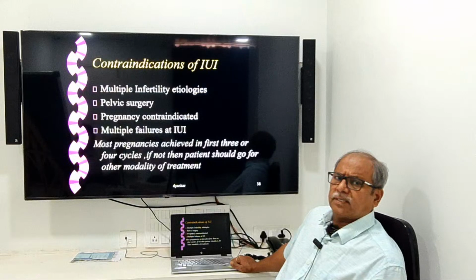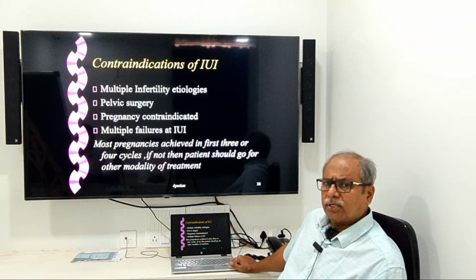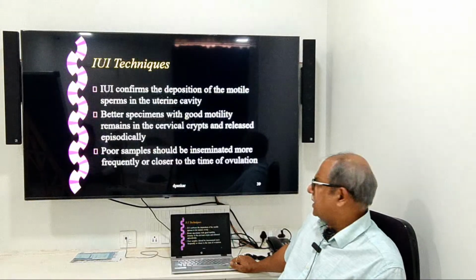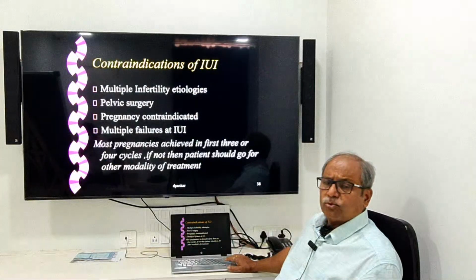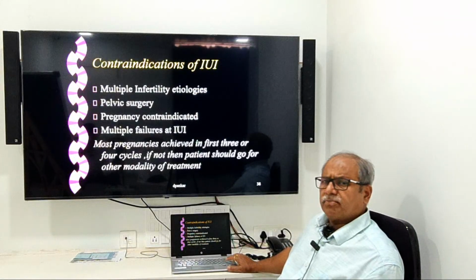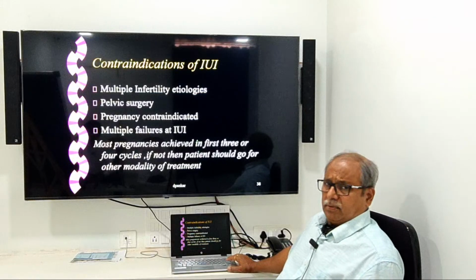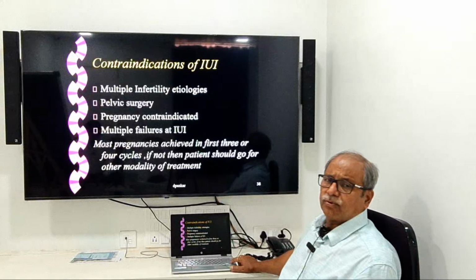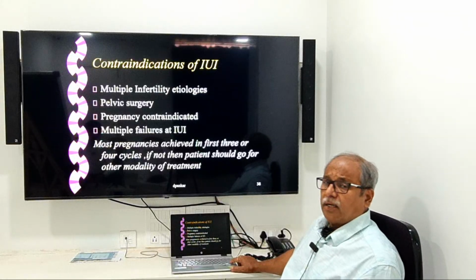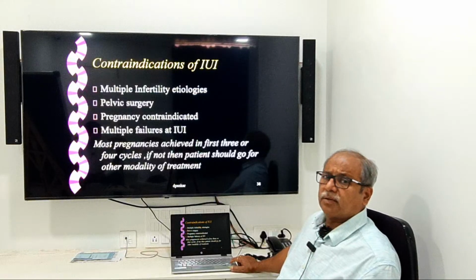What happens is patients sometimes go for IUI with one doctor, then again 2-3 IUIs at another fertility center. Then the total number of IUIs becomes too much, and there is frustration for the patient that nothing is happening. So IUI should be limited to 3 or 4 cycles. If you are confident enough that IUI is indicated in this patient, then this can be tried.